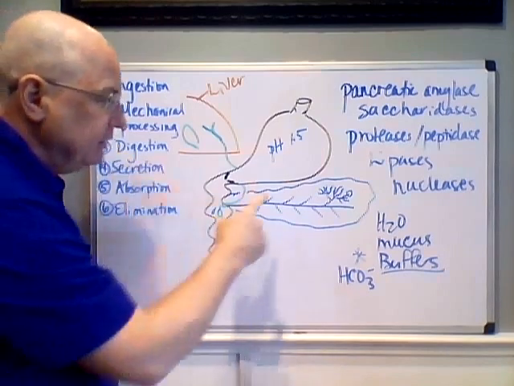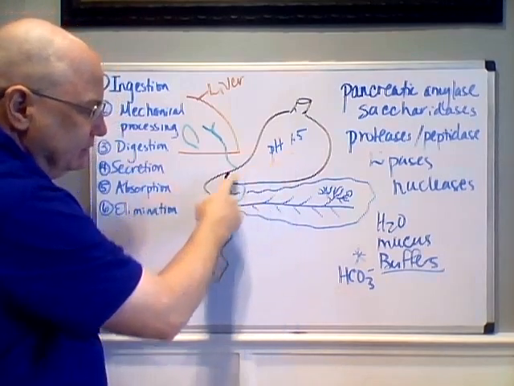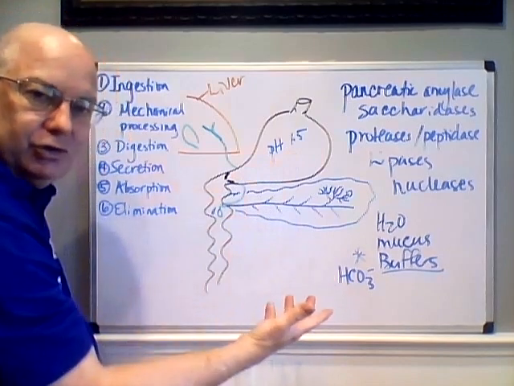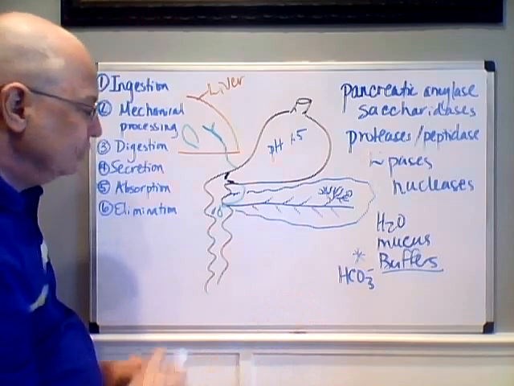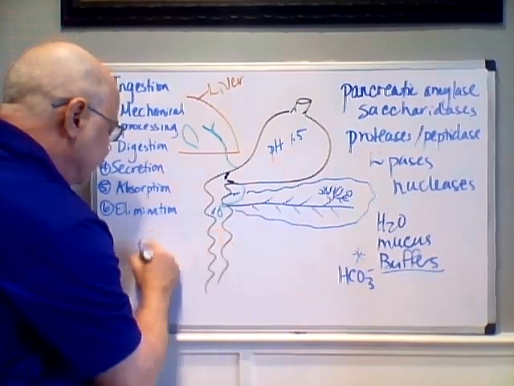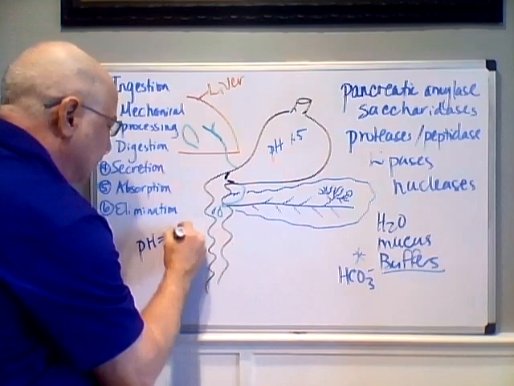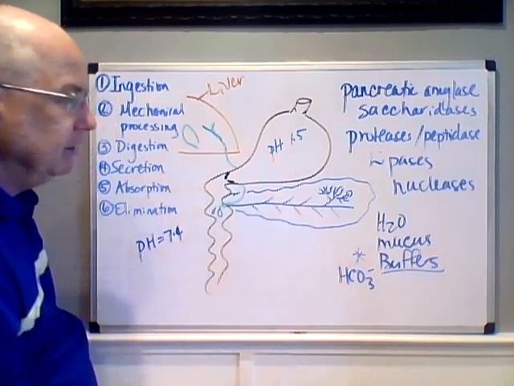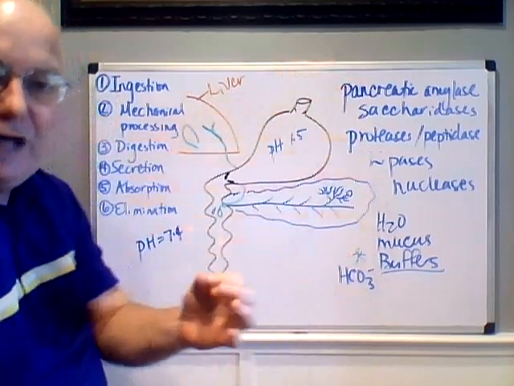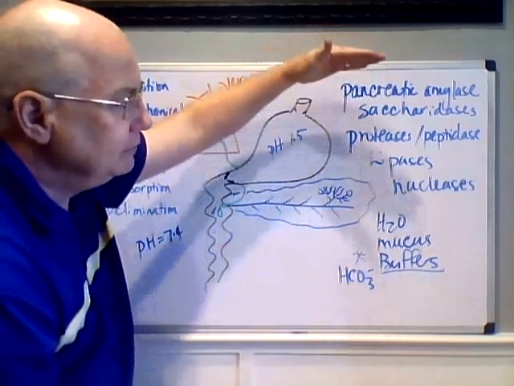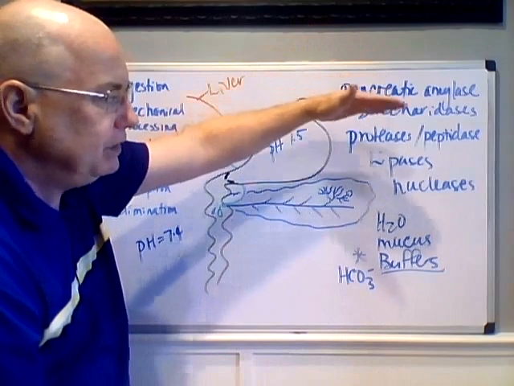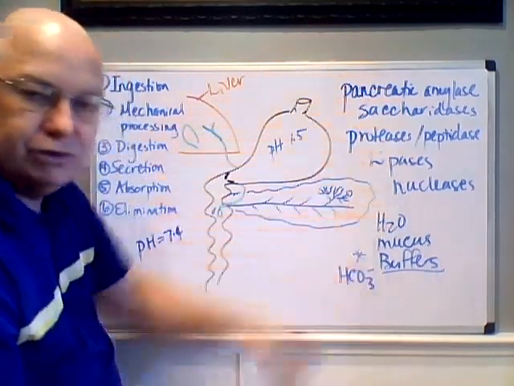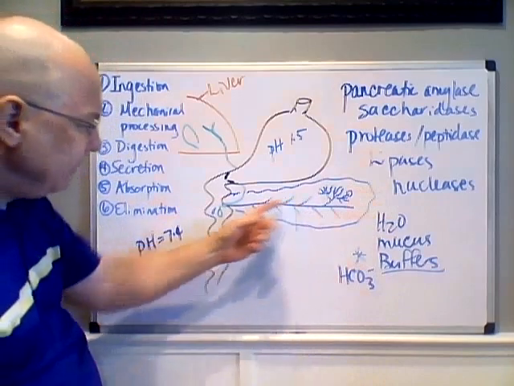So when this stomach acid is dumped into the small intestine, these bicarbonate ions will neutralize it. Okay, so the pH of the small intestine goes back to about 7.4 eventually. So we neutralize all that acid. So these are the important players in pancreatic juice: all of the enzymes, amylases and saccharidases, proteases and peptidases, lipases and nucleases, water, mucus, and some buffers. Okay, all of that gets dumped here.